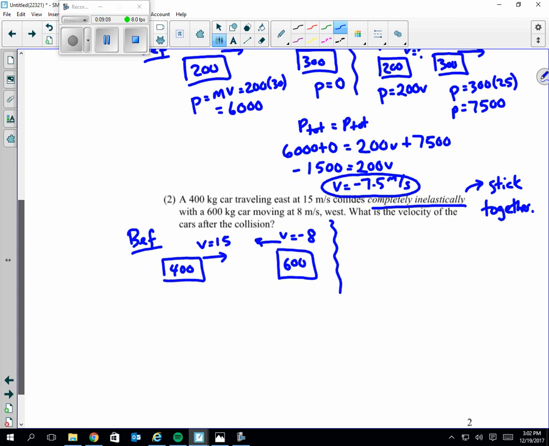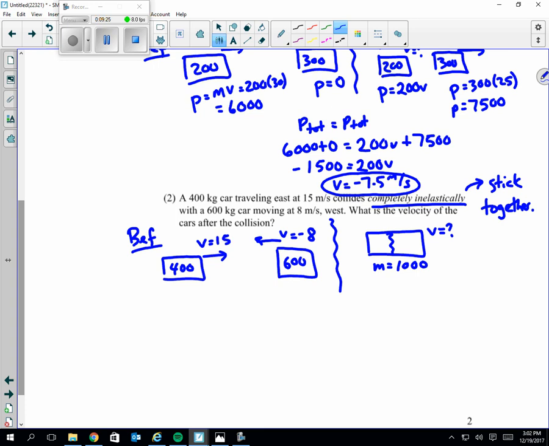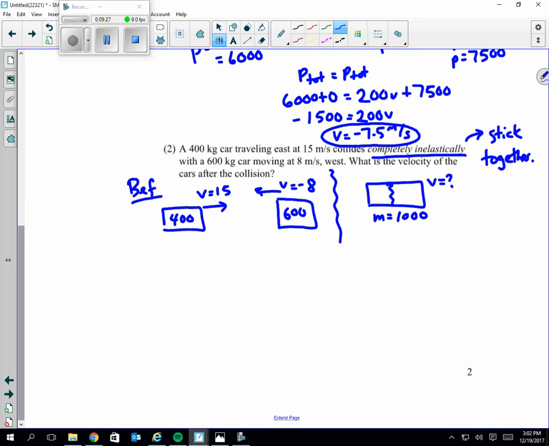Then they stick together. And they're moving together, so I can call it a big mass, just a single object with the masses combined. And I want to know the velocity of these. So, p equals mv for each piece.